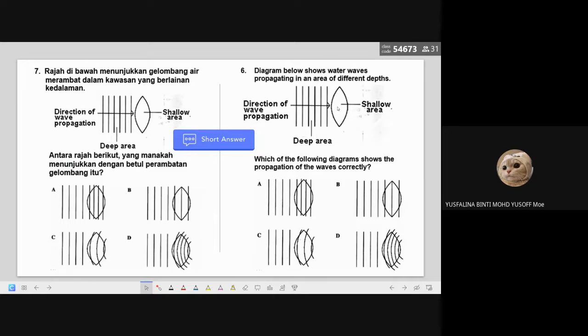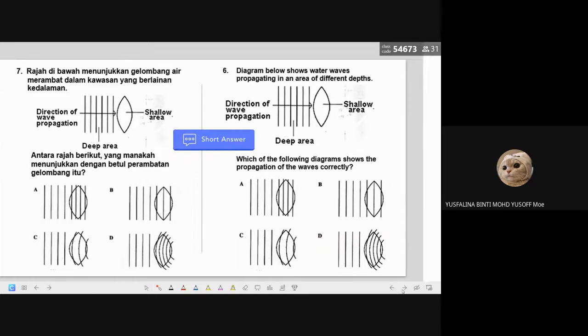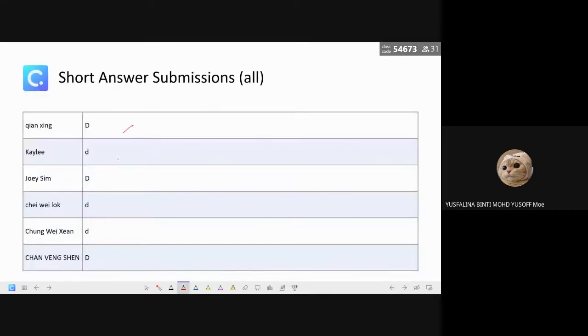But the shape of the wavelength also will change, so it will follow the shape of the lens. So the answer should be D. The other option is wrong because the wavelength is the same, and it should be shorter. So the answer is D. Very good.